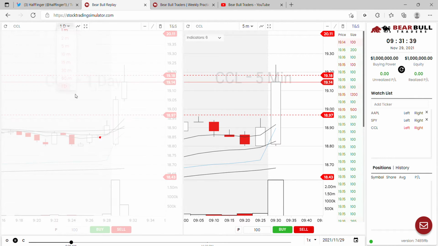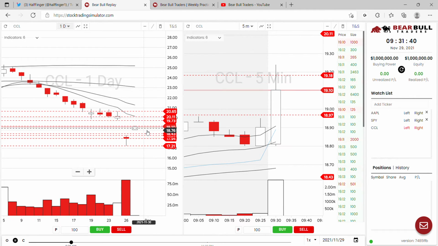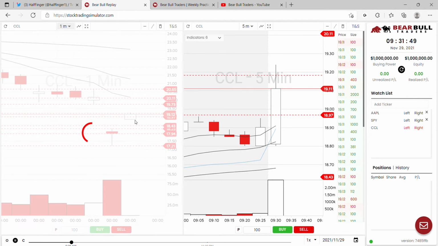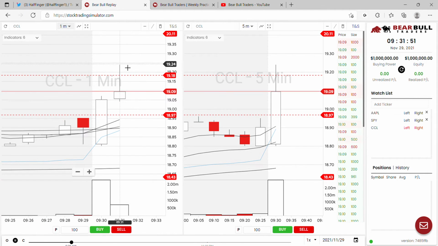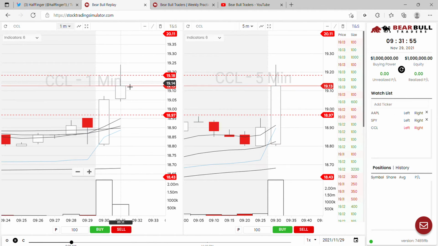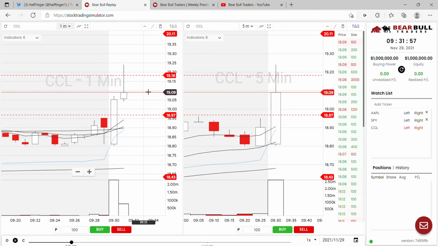If you look at the daily now, you can see that it's gapping a lot. So this is looking very strong. Now you see it touched this 1918 level.